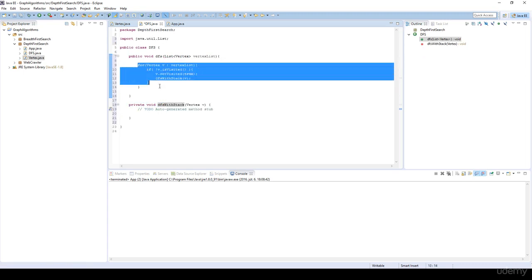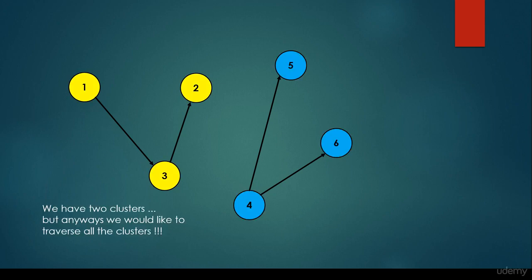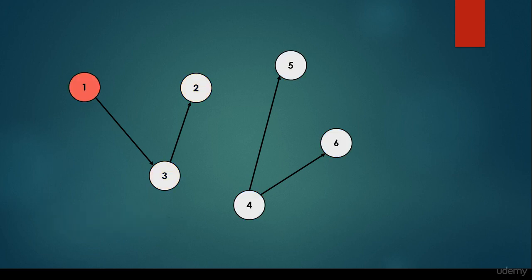So why do we need this for loop? Because let's consider the fact that we have two clusters, the 1, 2, 3 and the 4, 5, 6. And okay, we would like to traverse the whole graph, no matter that it has several distinct components. We would like to visit each and every vertex of the graph. So okay, we have two clusters and we would like to traverse all the clusters.